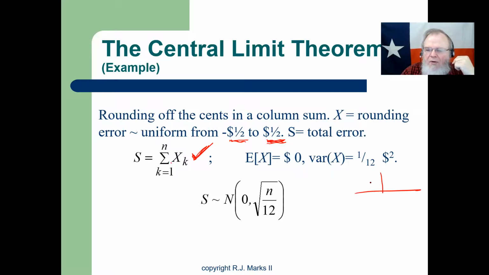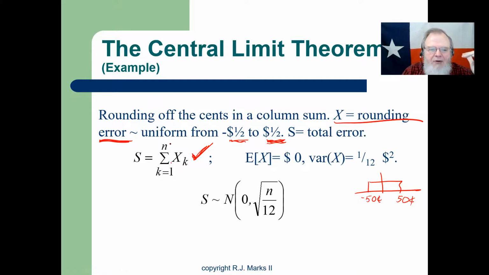So the worst you can do if you round down is lose 50 cents. Or if you round up, you can at most make 50 cents. So this is the distribution of your rounding error. That's what X is. X is the rounding error.